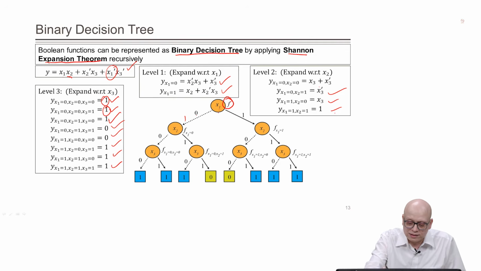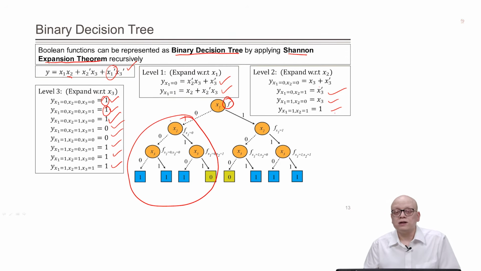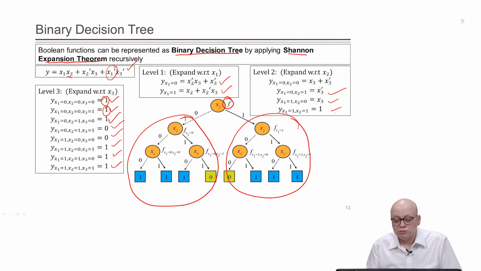This whole part represents the sub function, or negative cofactor, with respect to x1, and this part represents the sub function we get after making x1 as 1, and therefore this represents a positive cofactor.